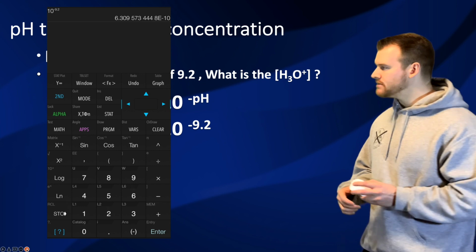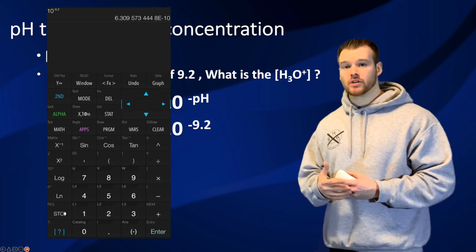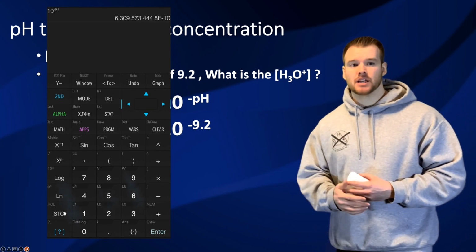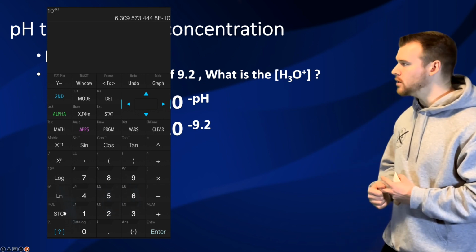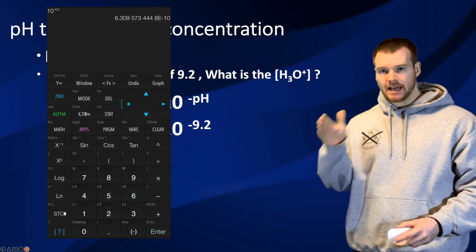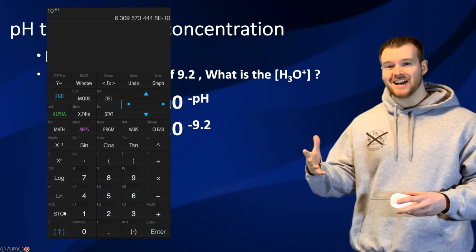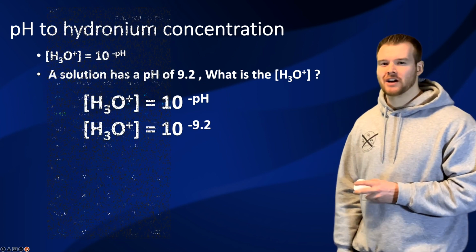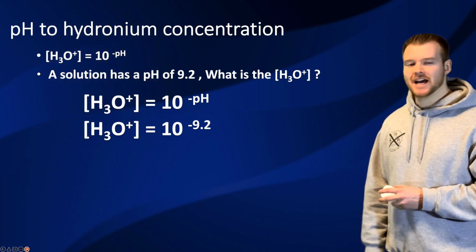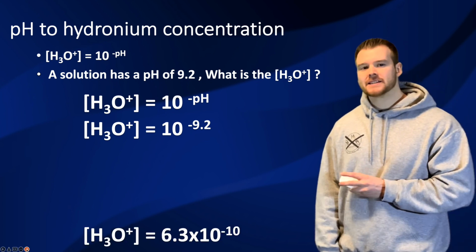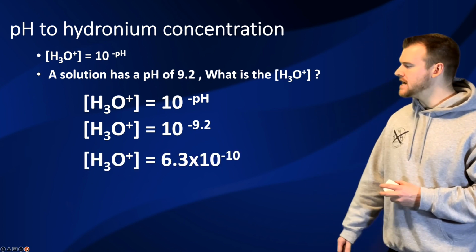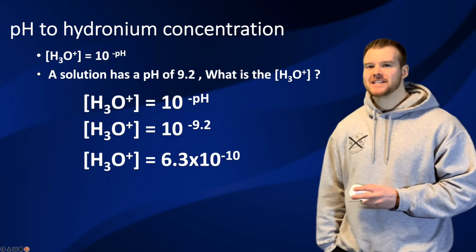Okay, that seems to make sense because it's a really low concentration, and this is a base because we have a 9.2 pH. This was less than 7, this was more than 7, which was neutral. All right, so a higher pH than 7, which is neutral, is a base. So we have our answer there of 6.3 times 10 to the negative 10.